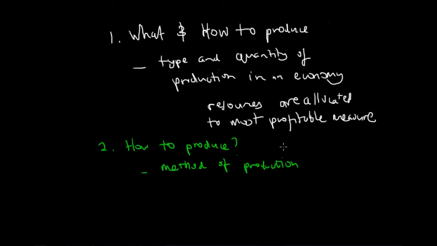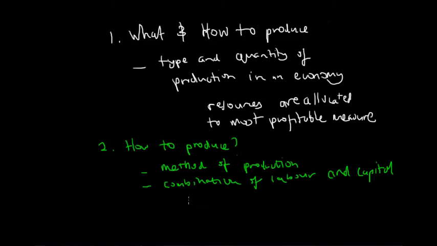That's the type of question that the free market can help with. This could involve deciding what combination of labor and capital they use in production. This is helped determined by the labor market and the capital market, or the financial market, for instance.